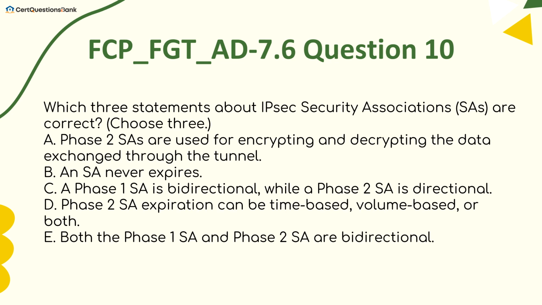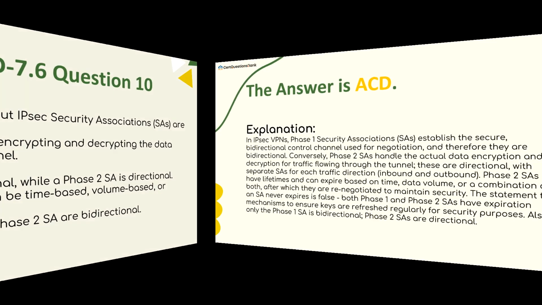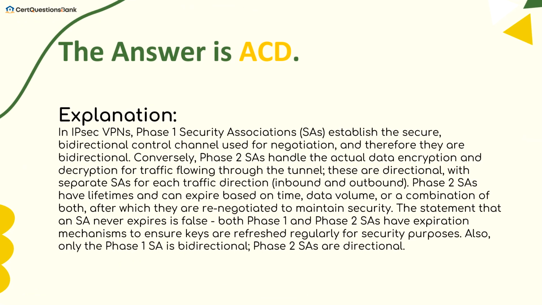C. A Phase 1 SA is bidirectional, while a Phase 2 SA is directional. D. Phase 2 SA expiration can be time-based, volume-based, or both. E. Both the Phase 1 SA and Phase 2 SA are bidirectional. The answer is ACD.